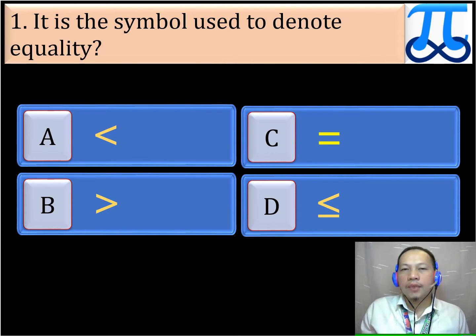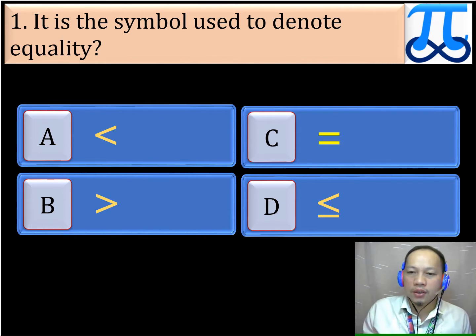This time, let's have a simple recall on what you have learned in the previous lesson. All you have to do is select the letter of your choice. I will read the questions, then you will be given 5 seconds to decide. Okay, get ready. It is a symbol used to denote equality.